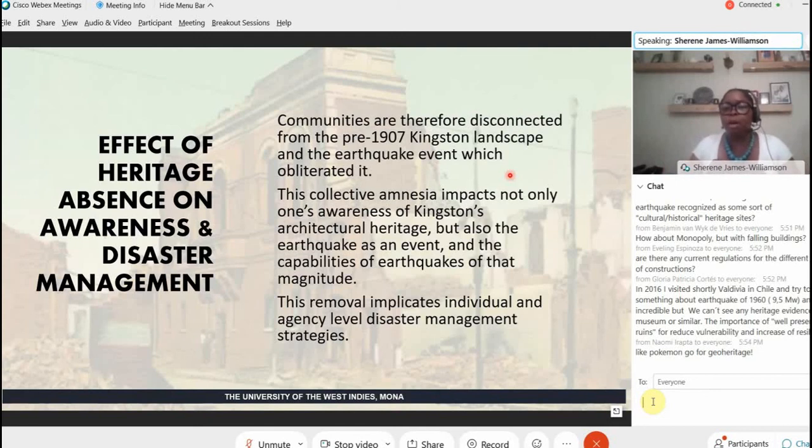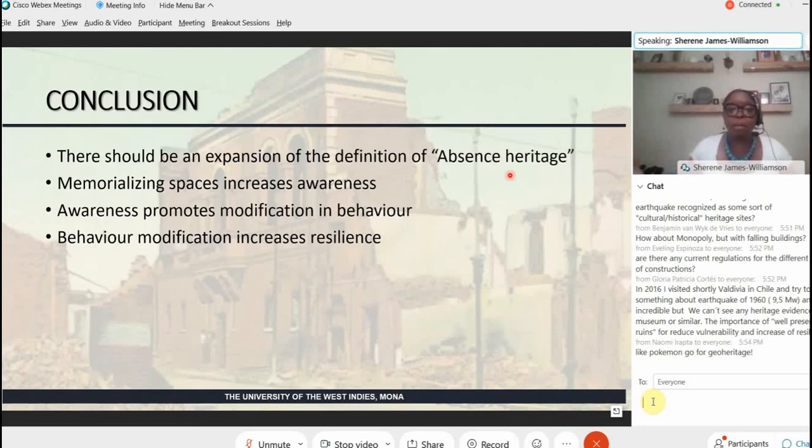But the reason we're using the earthquake is because we want earthquake awareness to be at the forefront of people's minds, because we want to have that change in behavior, and we want that change in behavior to result in resilience.